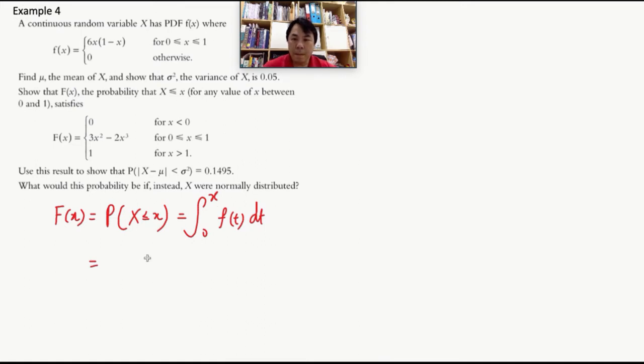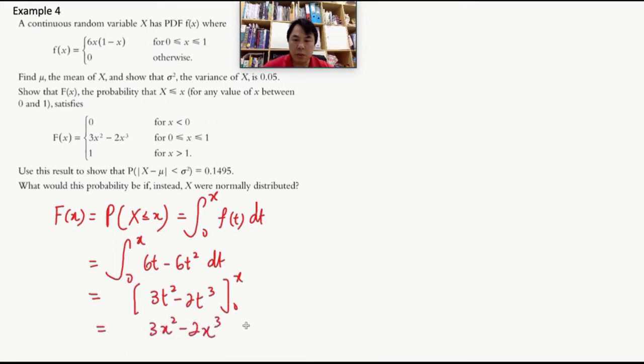Then that would be the integral of 6t minus 6t squared dt from 0 to x. Then there will be 3t squared minus 2t cubed from 0 to x, and then finally we get 3x squared minus 2x cubed. Now that is our distribution function that satisfies this domain here, where x is lying between 0 and 1.